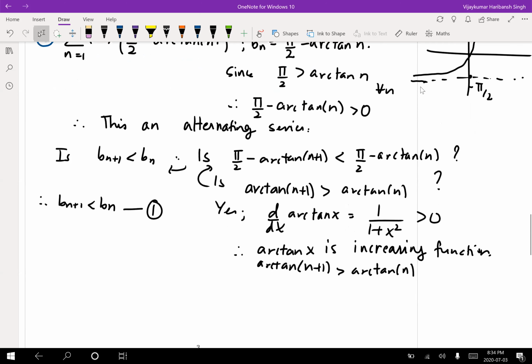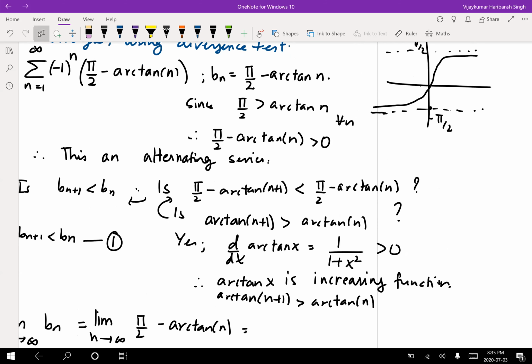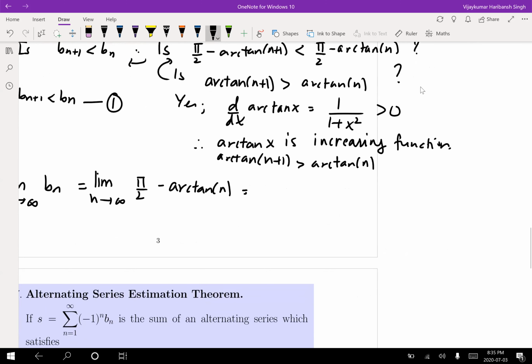Now we need to check what is the limit as n goes to infinity of Bn. That is the same as the limit as n goes to infinity of pi by 2 minus arctan of n. And we already know that pi by 2 is an asymptote for this function. So the limit as n goes to infinity of arctan of n is pi by 2. So pi by 2 minus pi by 2 is 0.